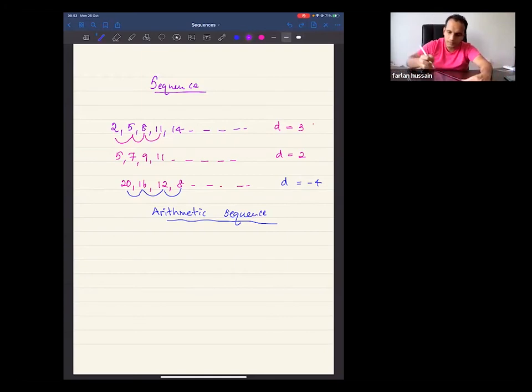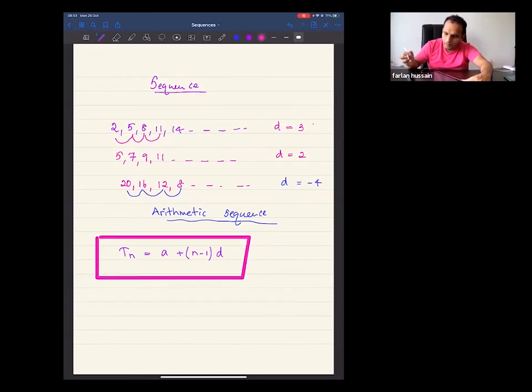So there is an equation. The nth term in general is given by a plus n minus 1 into d, where a is the first term of the sequence, d is the common difference, and n is the term number.